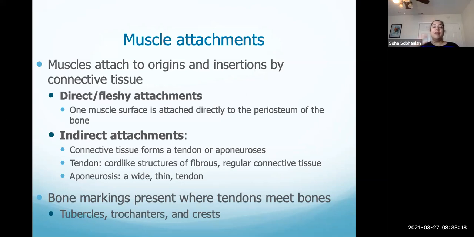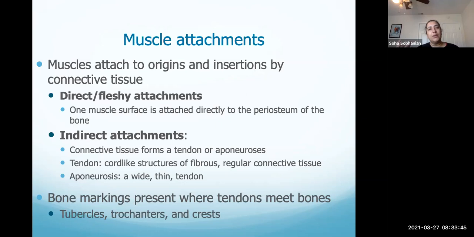Now, when you guys were studying your bones for both the appendicular and axial skeleton, something you noticed is a lot of words like tubercle, trochanter, crest, styloid process, things like this. All of these are basically acting as points of attachment for those muscles.